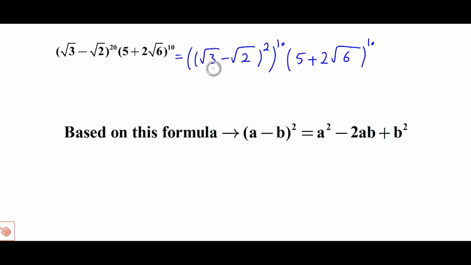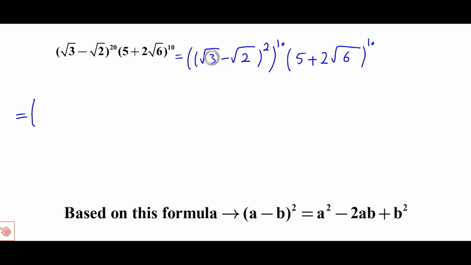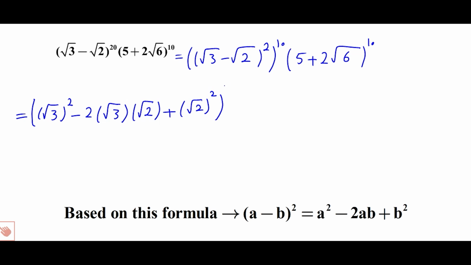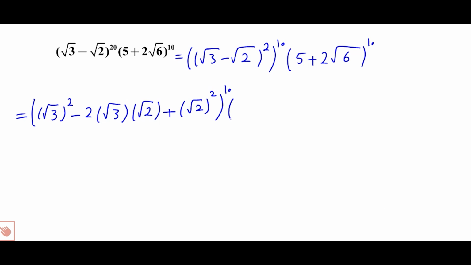This expression matches the first identity, so it can be simplified, and we have the square root of 3 whole squared minus 2 times the square root of 3 times the square root of 2 plus the square root of 2 whole squared, whole to the power of 10, times 5 plus 2 times the square root of 6, whole to the power of 10.